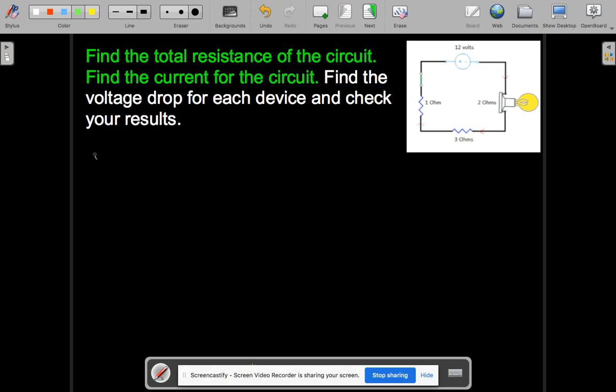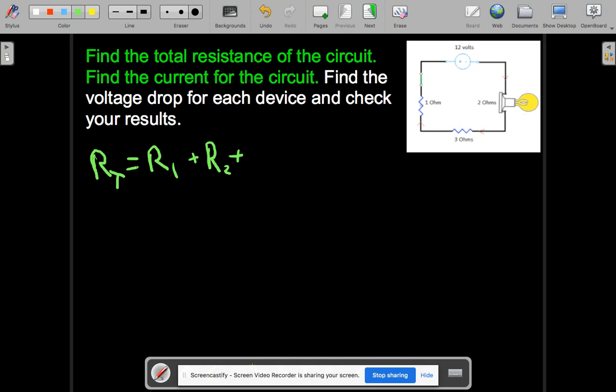we'll say RT, R total, is equal to R1 plus R2 plus, now in the formula we saw dot, dot, dot, but in this case there are 3 resistors.